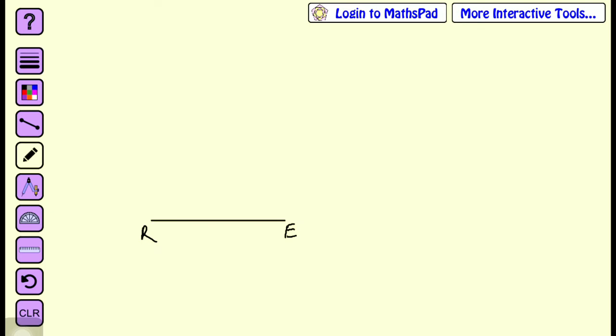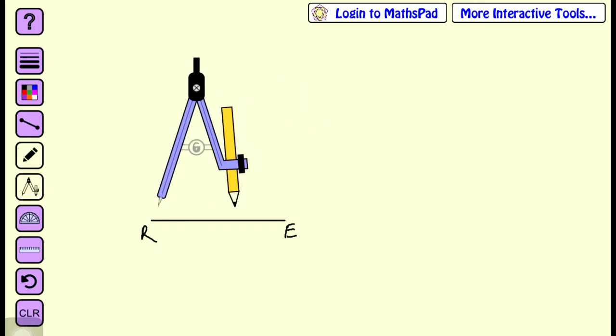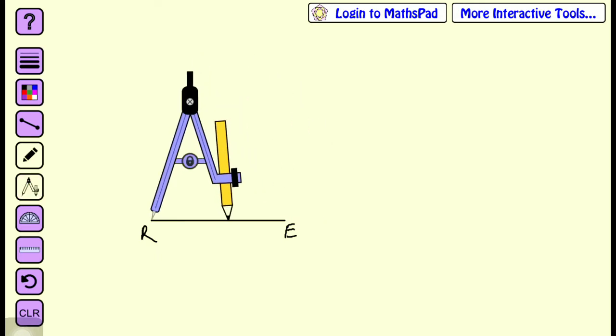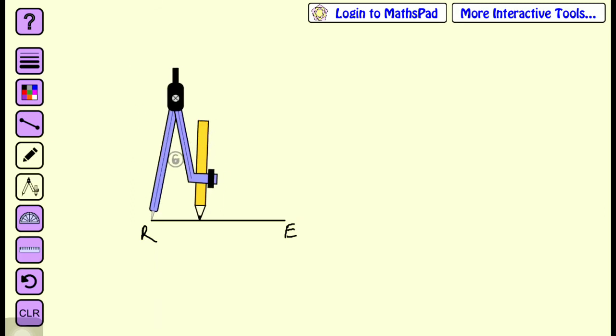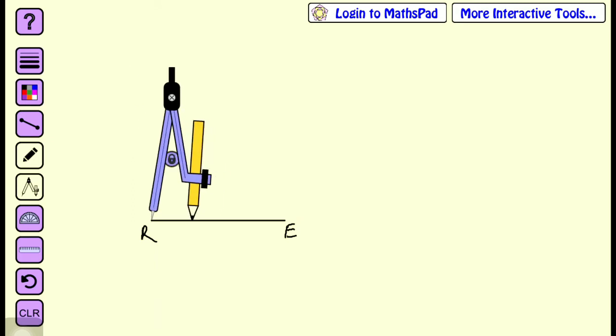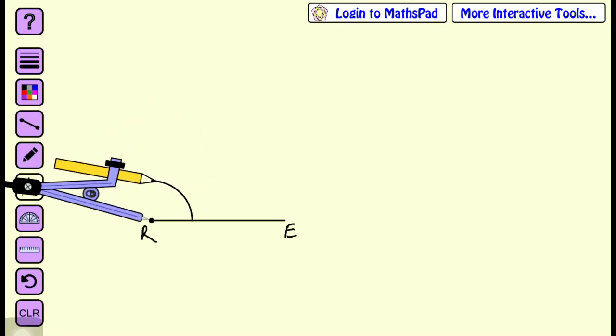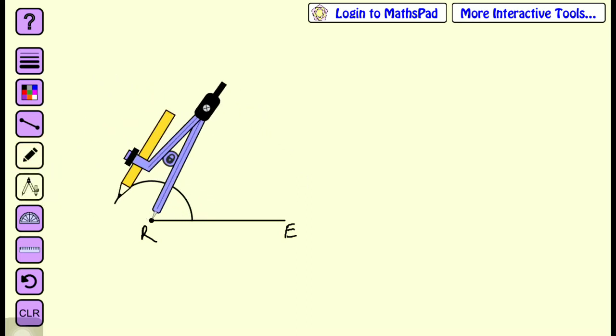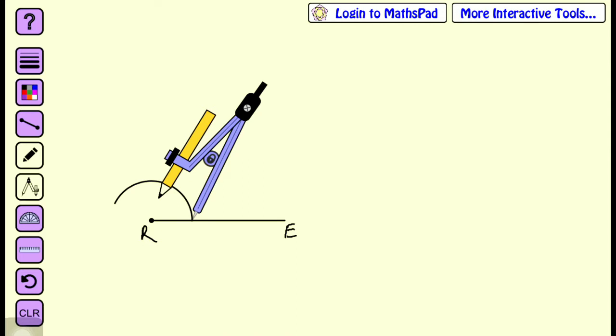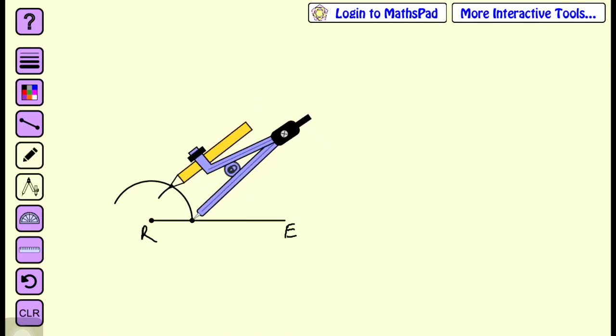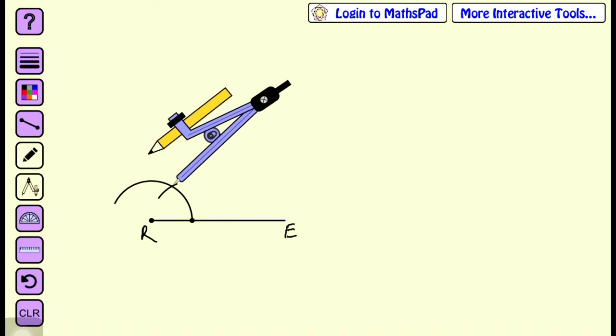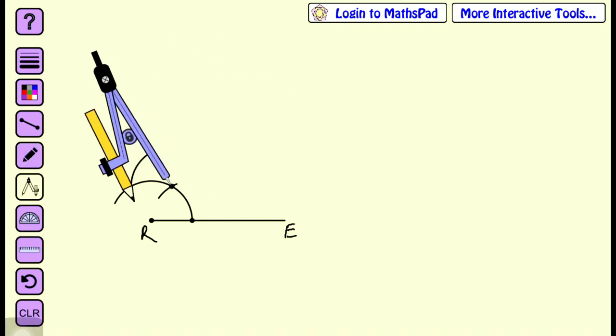So let us take the compass. Fine. We can adjust the compass to any radius, and after that we have to construct a semicircle like this. Then we have to shift this to this point of intersection and cut the first arc like this. Then we have to construct the second arc like this.